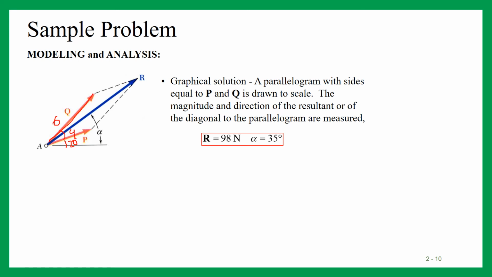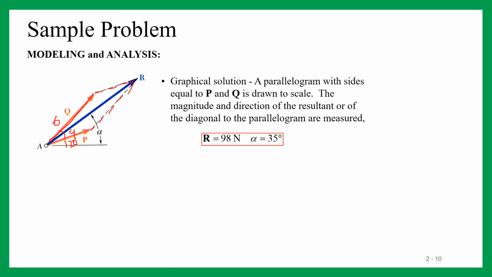Now the next step, draw a line parallel to this. This line is parallel to the line AP, and another line you will draw parallel to this. In this way your parallelogram is complete.